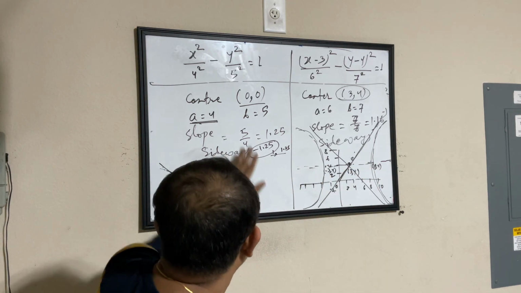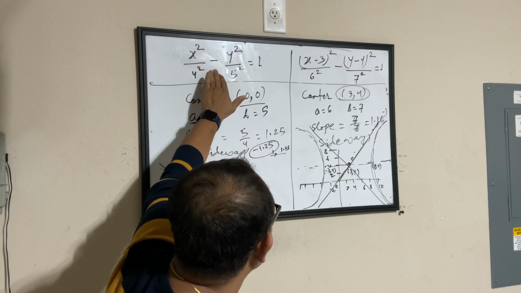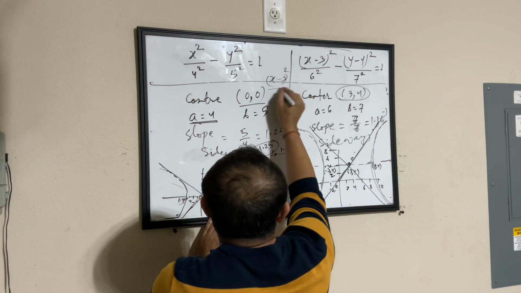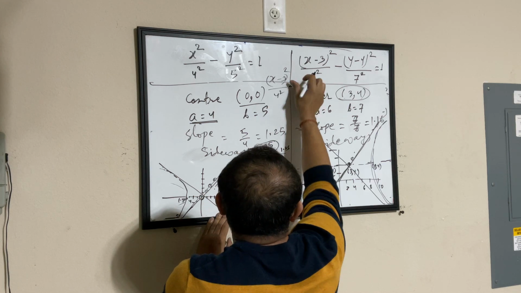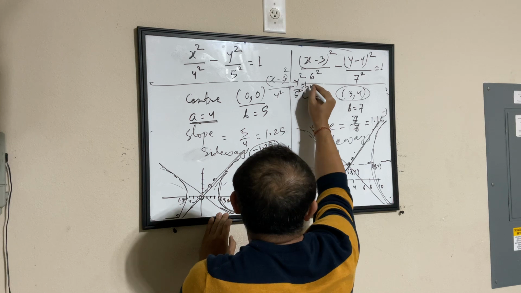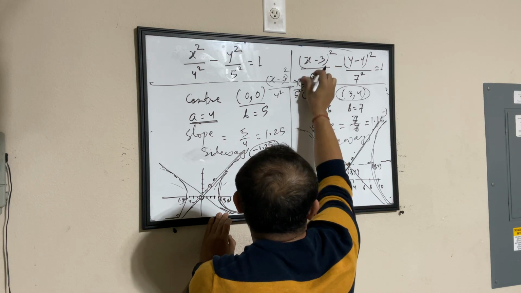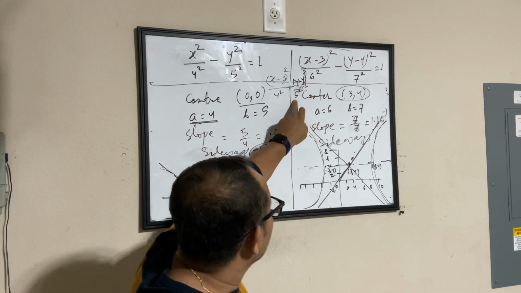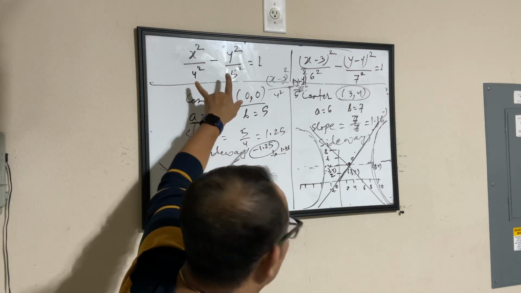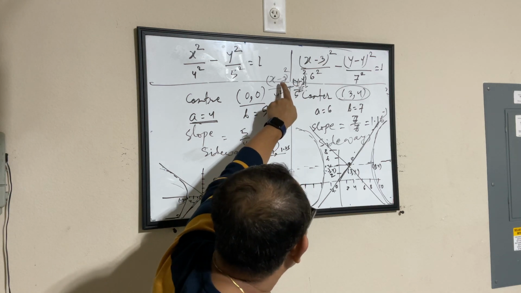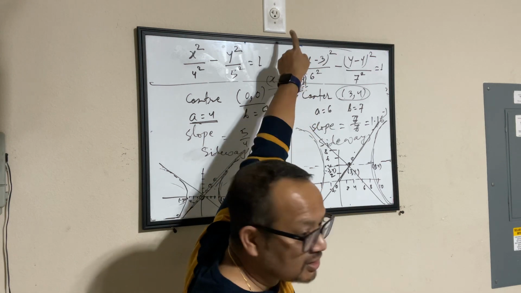I mean, if I had given you guys this equation and the other equation saying x minus 3 squared by 4 squared minus y minus 4 squared by 5 squared equal to 1. What I meant was, here I am just moving the center by 3 along the x-axis and 4 along the y-axis.